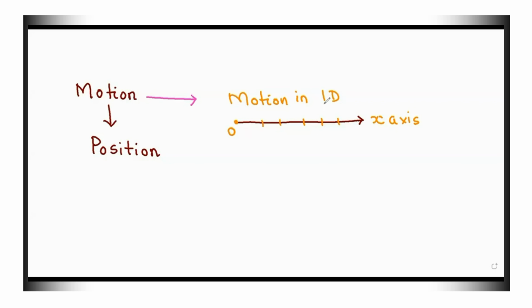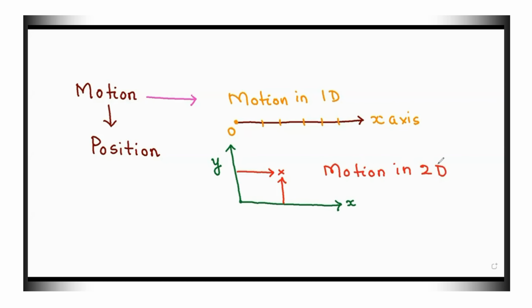Now, if an object is moving and to locate its position we need the x-axis as well as the y-axis, that means 2 dimensions are required, like how far it is from the y-axis and how far it is from the x-axis, this type of motion we call motion in 2 dimensions.